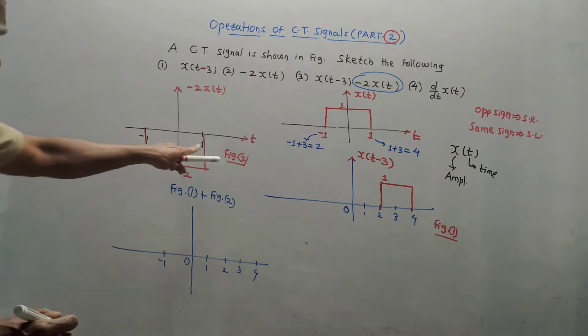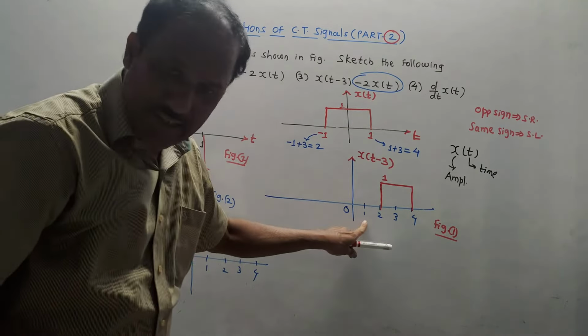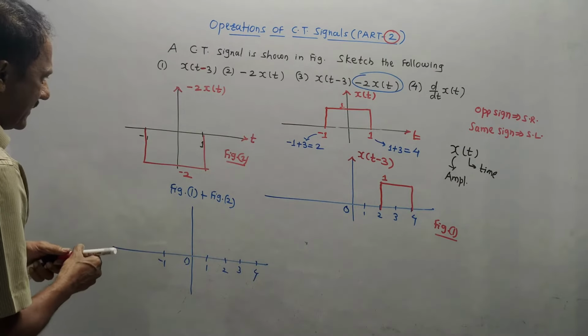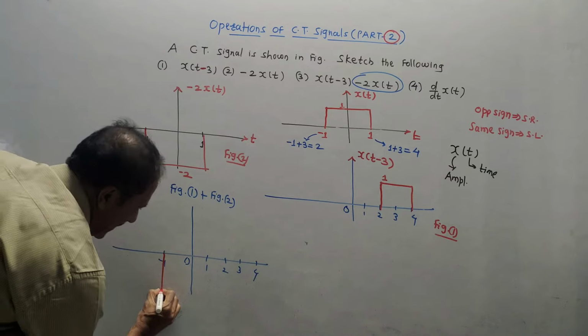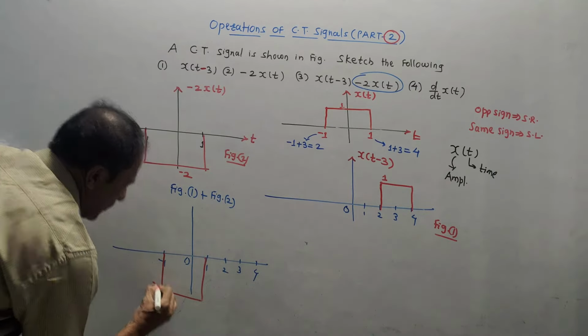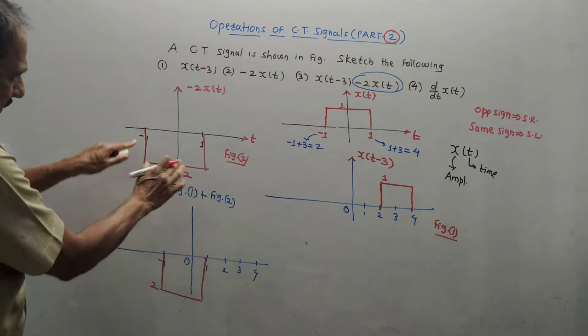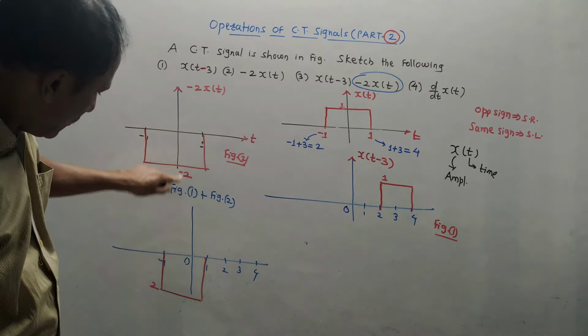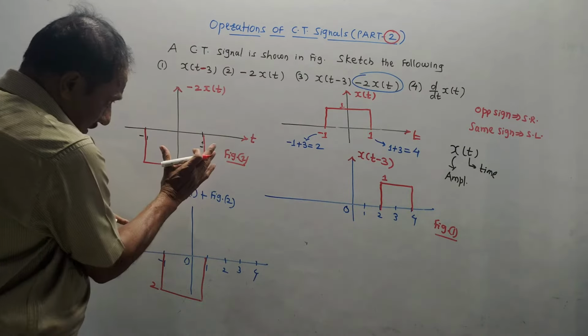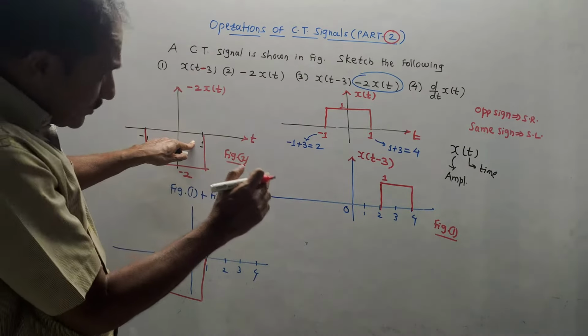This diagram is from -1 to +1, whereas this diagram is absent. So I will draw the diagram as it is from -1 to +1. Amplitude is as it is. Amplitude is -2, because this diagram is present from -1 to +1, whose amplitude is -2, whereas this diagram is absent in this part. Now this is the end of diagram at +1.